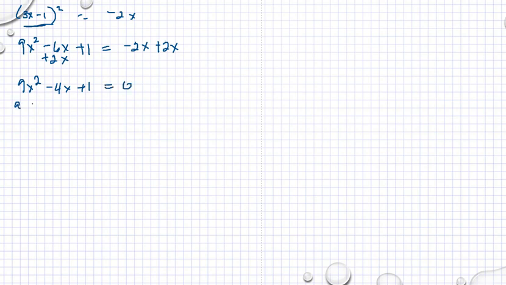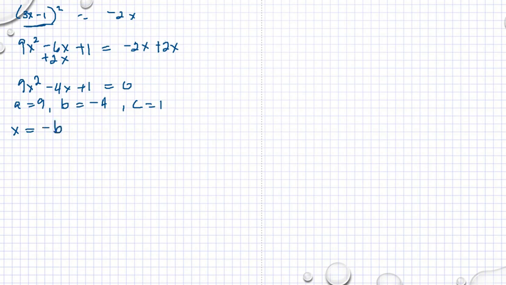So we have our a is equal to 9, b is equal to negative 4, and c will be negative 1. C, a positive 1. Oh, where did I get that? Sorry. C is equal to 1. Okay. Now, we have our formula.